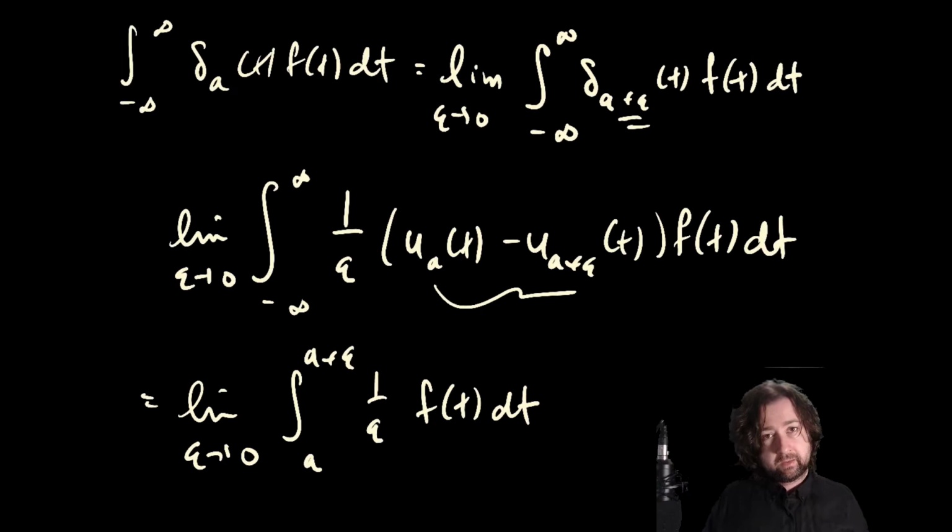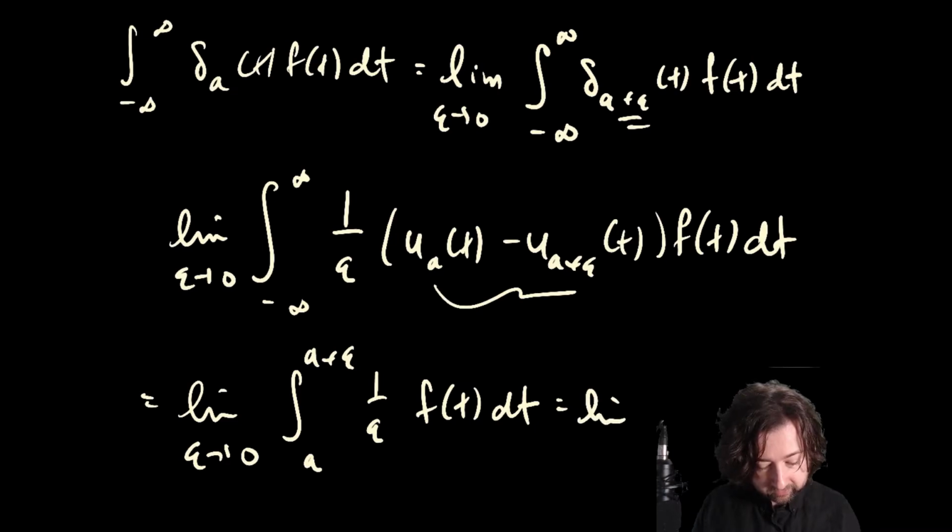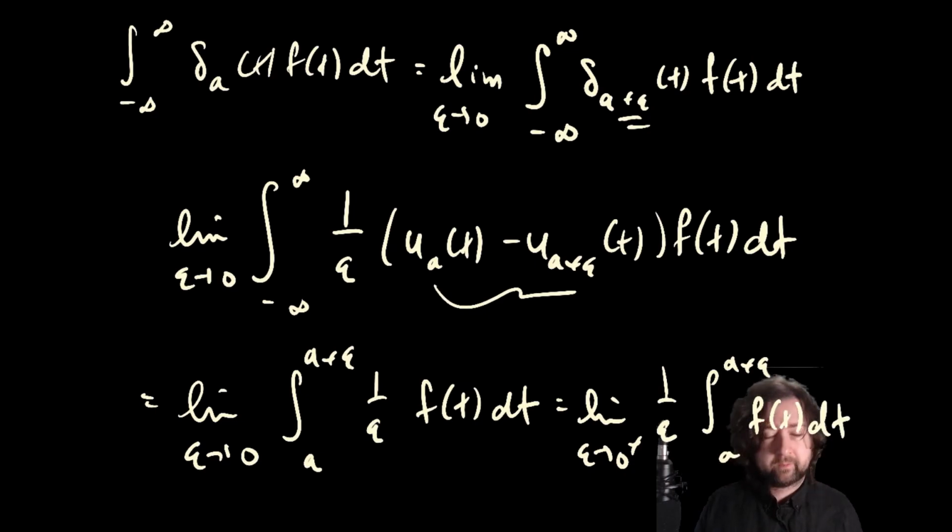Okay, so if f has an antiderivative, what does this look like? Well, let's see. The 1 over epsilon does not have anything to do with the integral, so it can pop outside. So now we have a limit as epsilon goes to 0 from the right of 1 over epsilon times the integral from a to a plus epsilon of f of t dt.